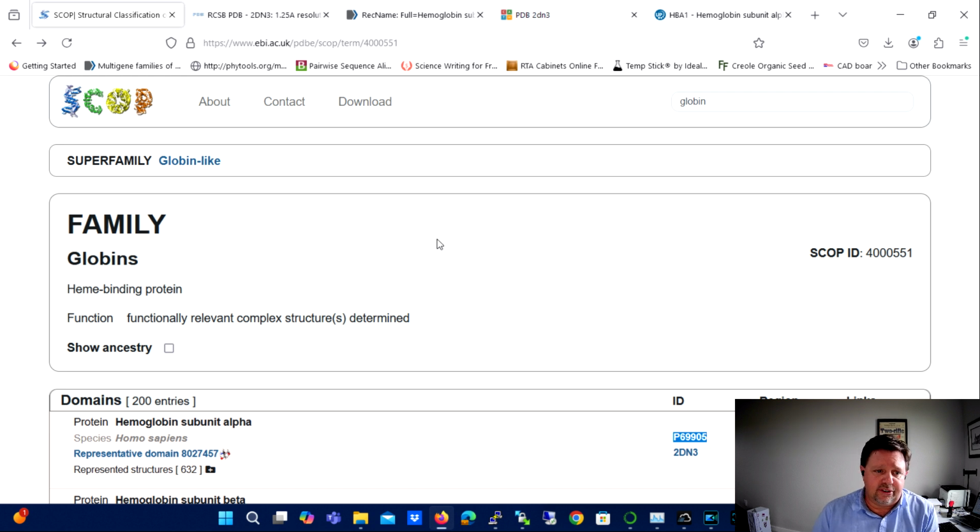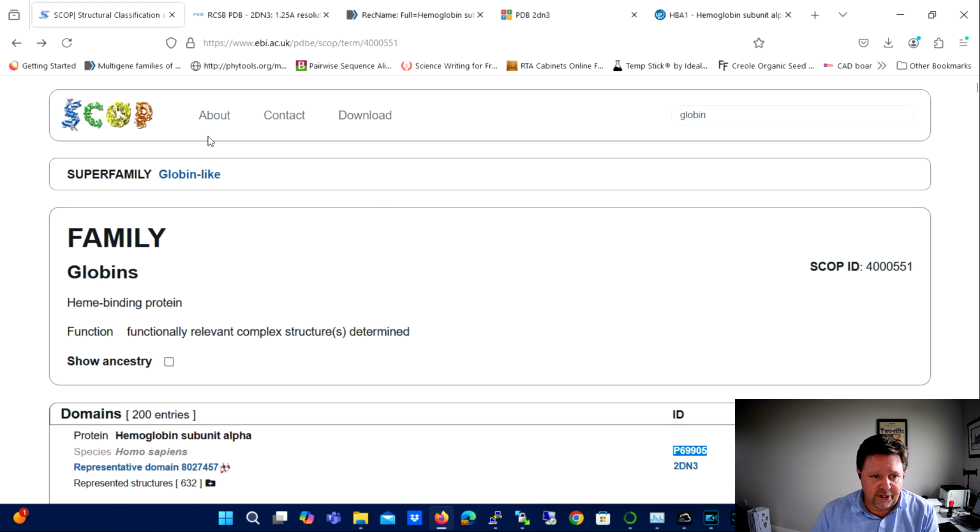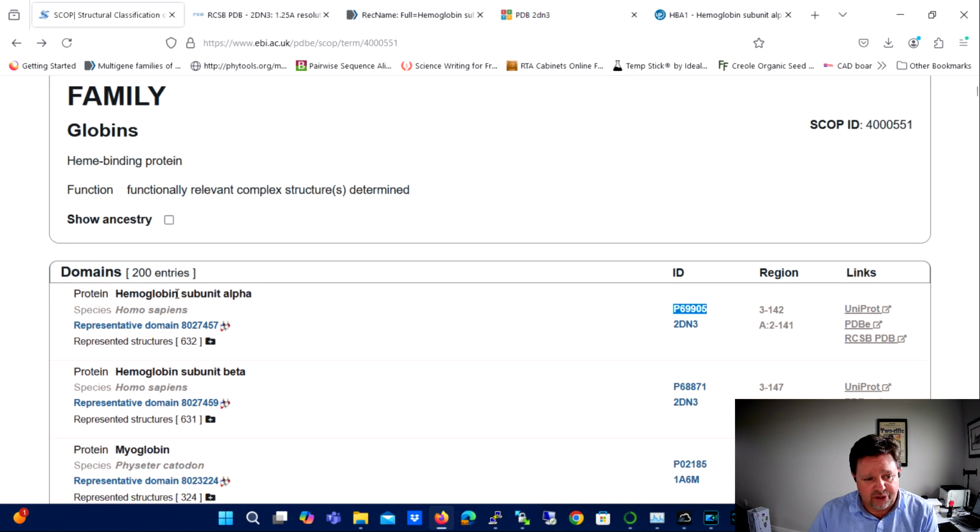So as you can see here, I have the SCOPE database opened here, and I searched for the word globin, and it brought up the globin-like superfamily, as well as the family of the globins. And the family of the globins has 200 different domains in it. So the domain is the basic functional unit of a protein.